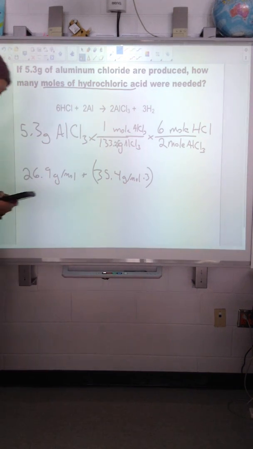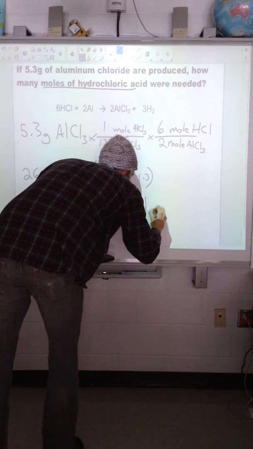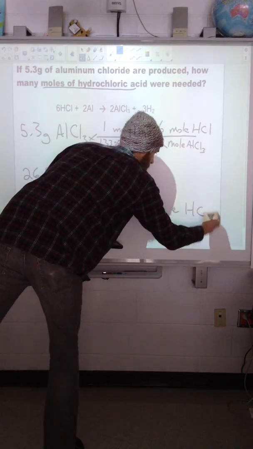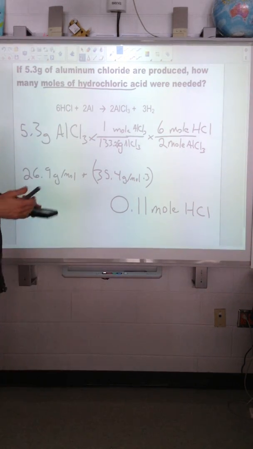So now we can just plug it into our calculator: 5.3 divided by 133.25 times 6 divided by 2, and we get 0.11 mole. And that is how we do stoichiometry. Stoichiometry is all about the mole ratios.